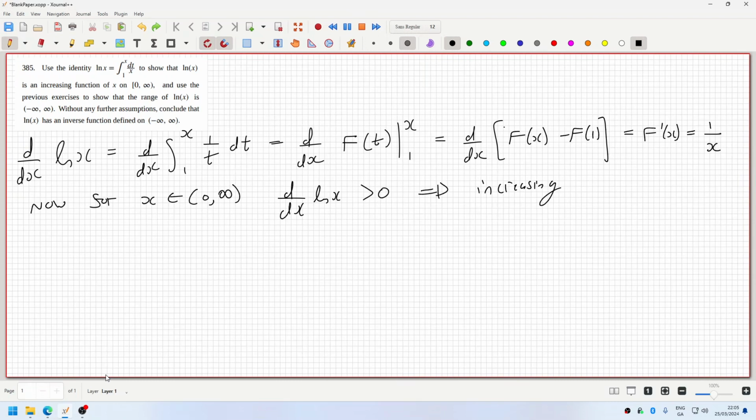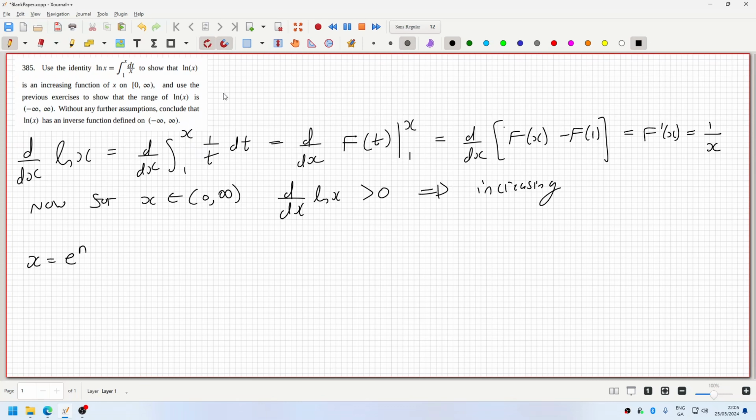Okay, I have a pretty ugly proof. Let's say x equals e to the power n.